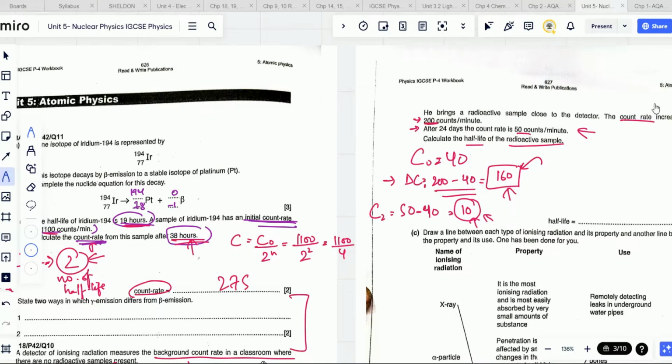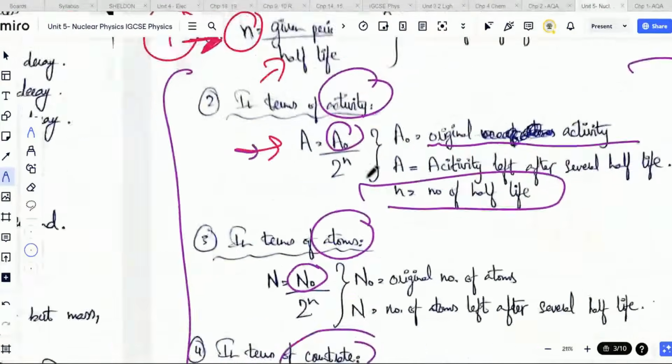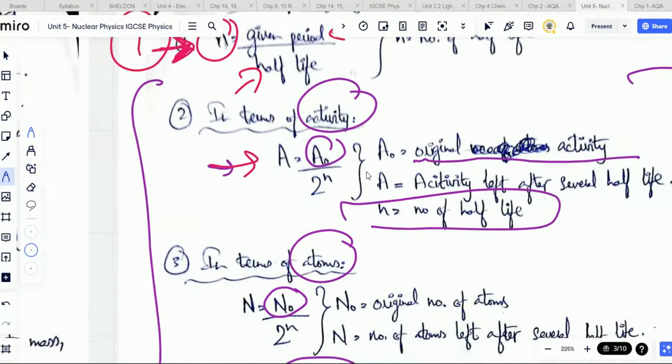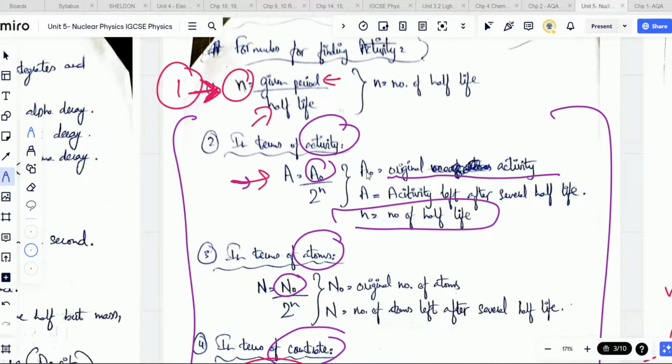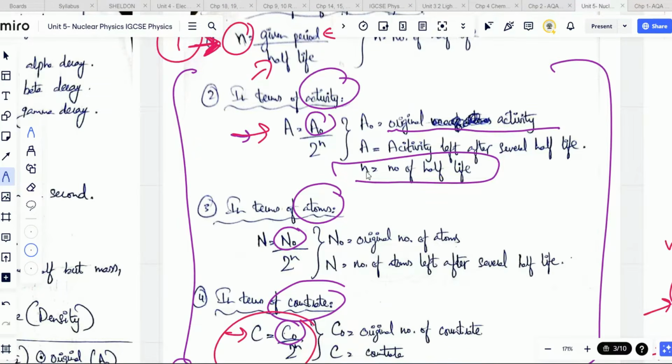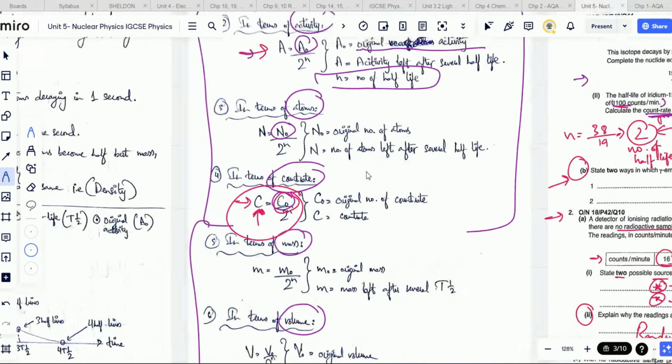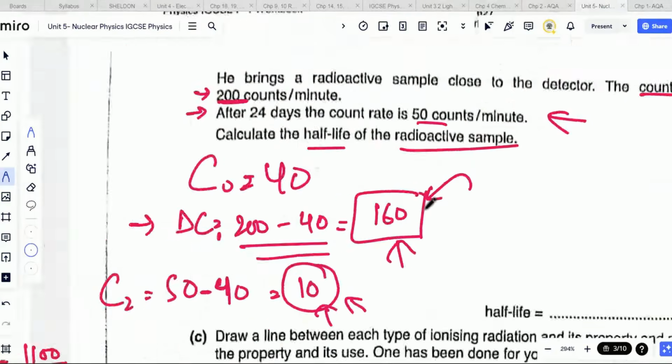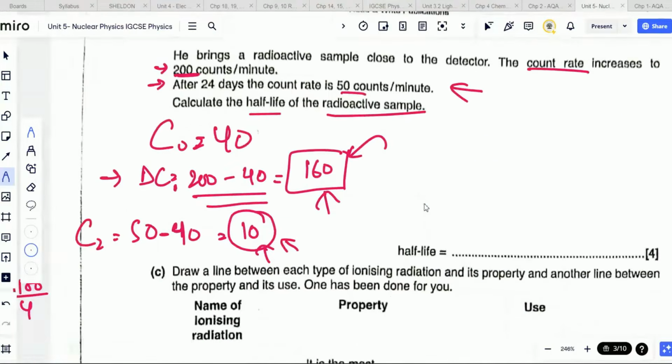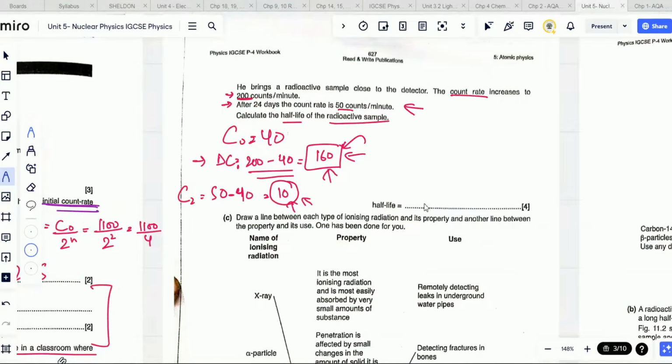So I get these values. What I'm doing here, I'll show you. In the formula, we are finding this value over here. This C naught, the original count rate, is 160. The original count rate over here is 160.